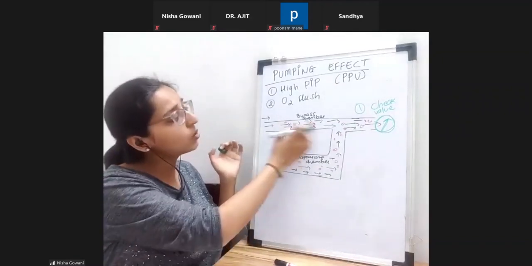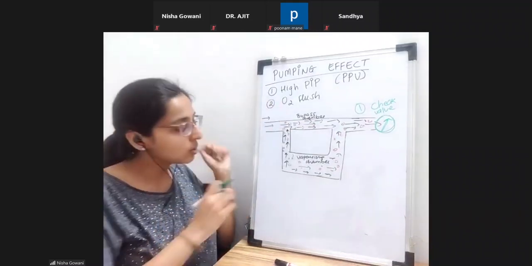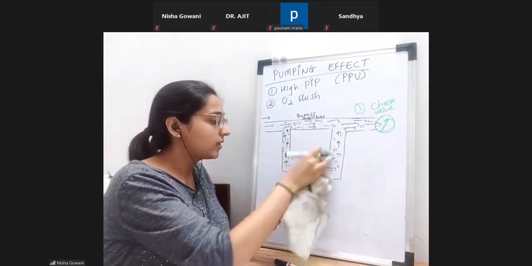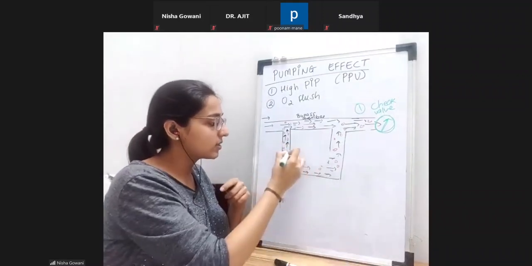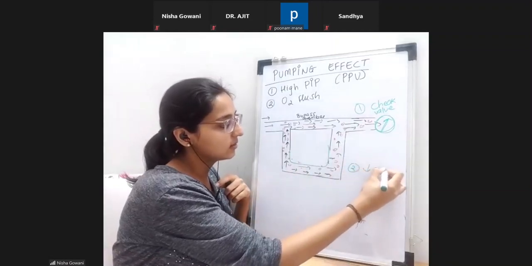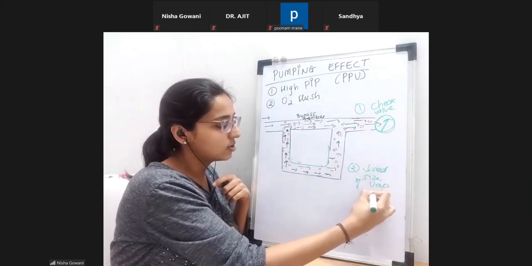That's why it's able to go like this. If less was there, it wouldn't travel so much. So they said we should reduce the size of the vaporizing chamber. So the second thing is decreased size of the vaporizing chamber.